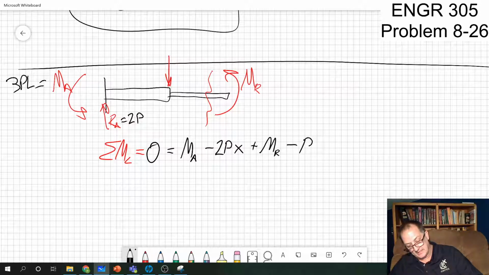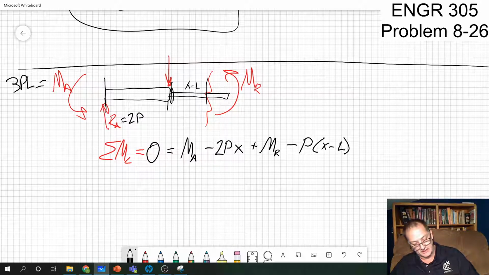So that's a minus P, and now the distance is not x. The distance is x minus L, because this was L away. So the distance from here is x minus L. That's x all the way out to there. There you go. Got it? There's my moment equation.